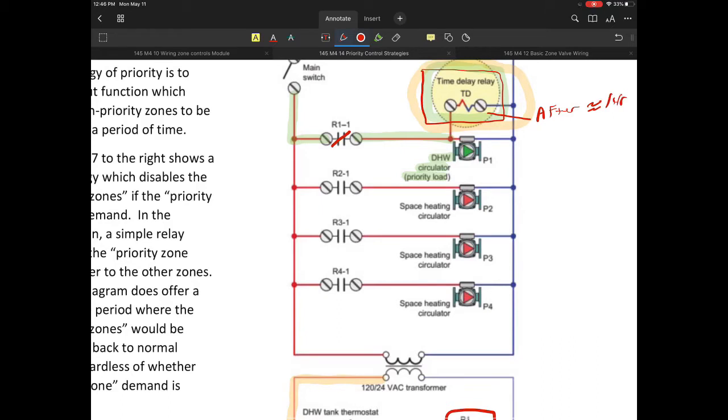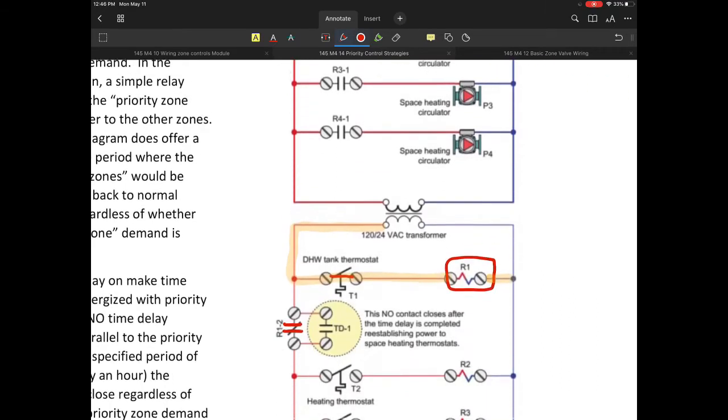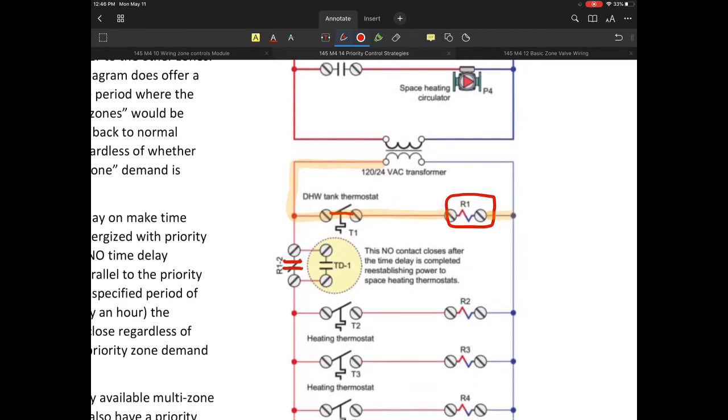Now, of course, let's say this demand lasted for longer than an hour. After approximately a 1 hour period, what we're going to do is take the lower part of the 24 volt side of the relay and close this set of contacts.